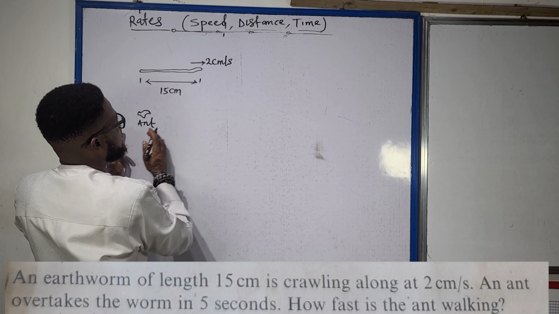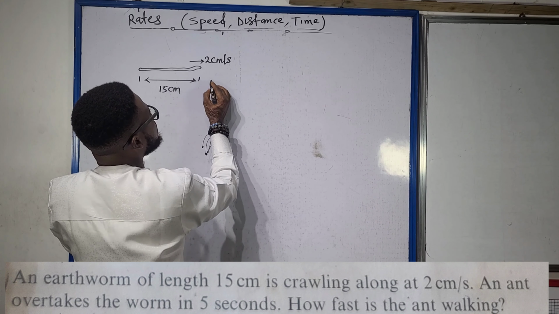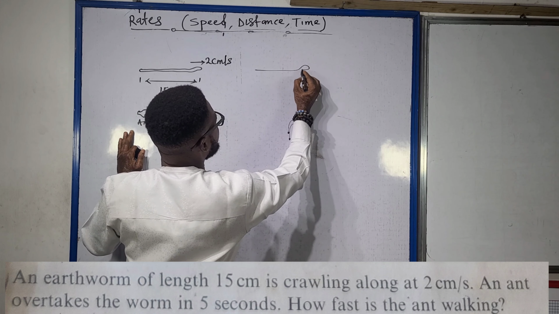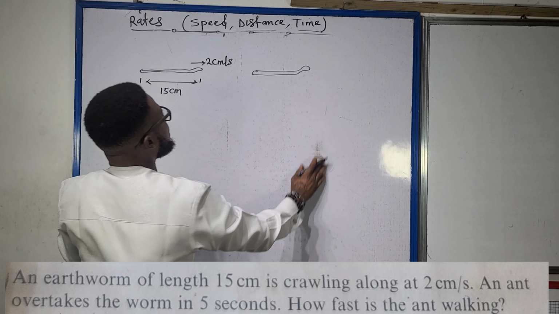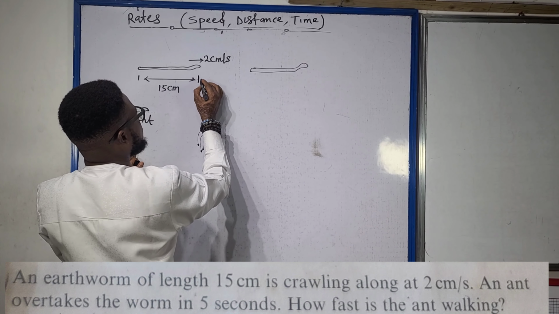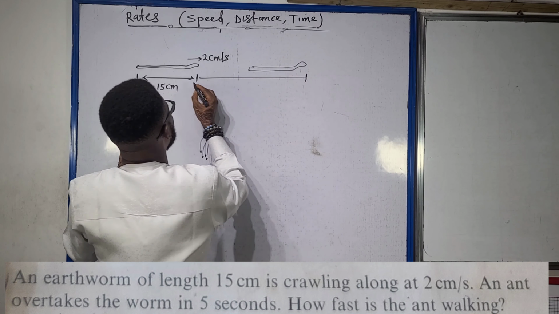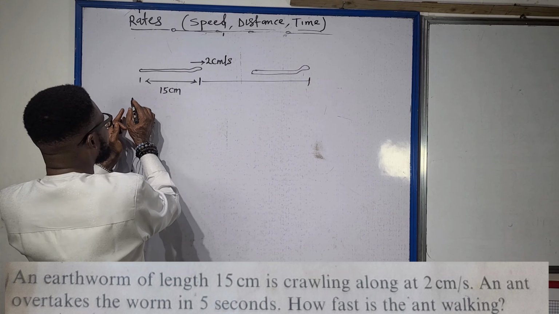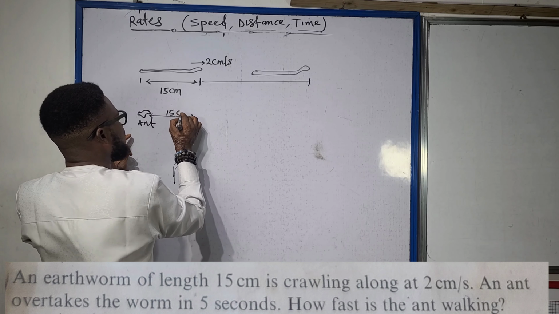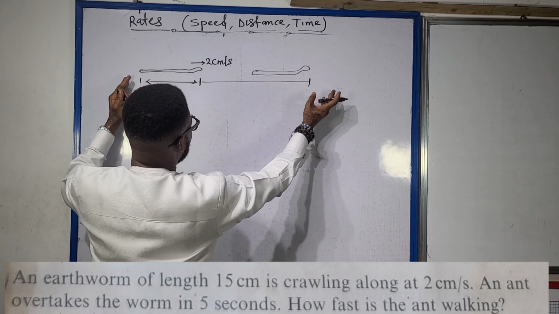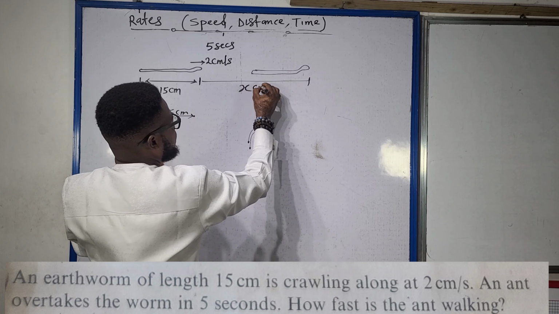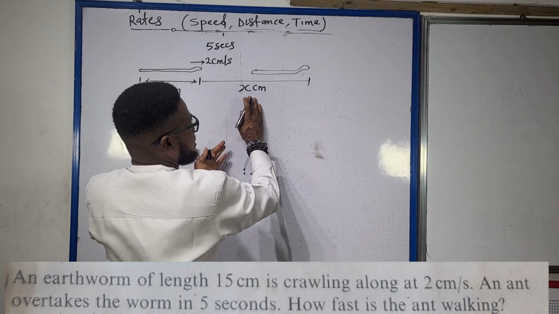So after 5 seconds, for example, let this be the earthworm here, and the ant in this case will need to first of all cover the 15 centimeters, and then the earthworm in 5 seconds must have moved, let's say, x centimeters.